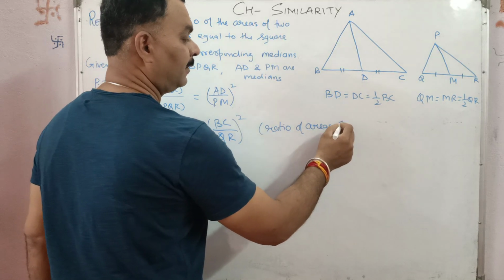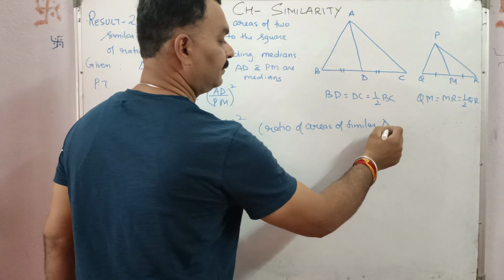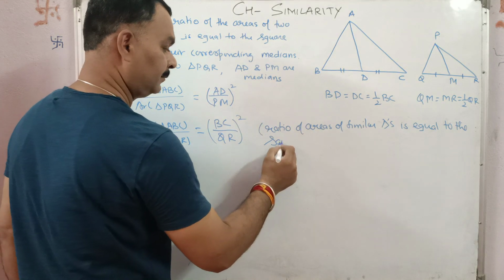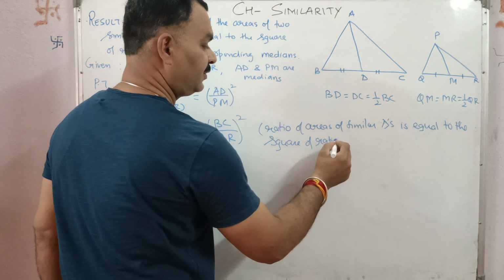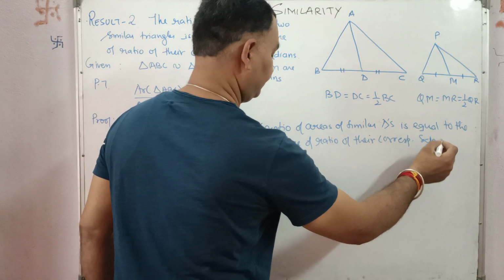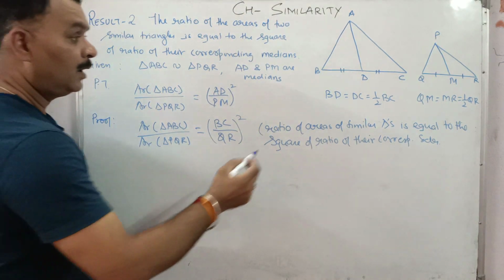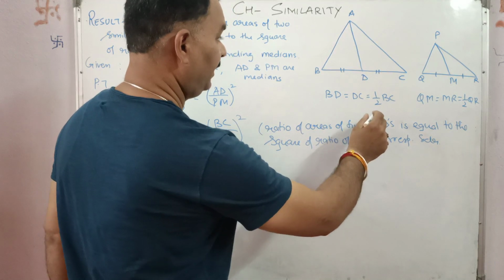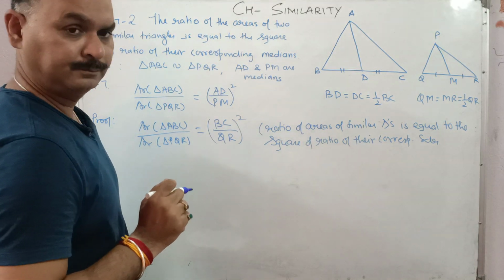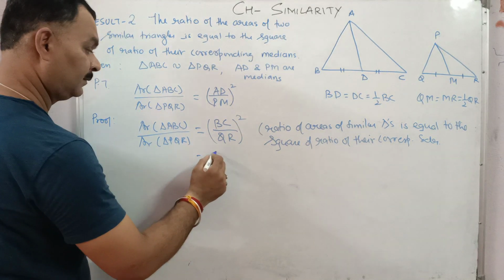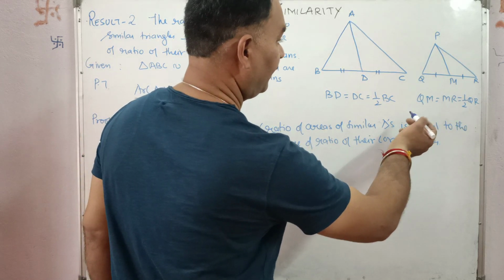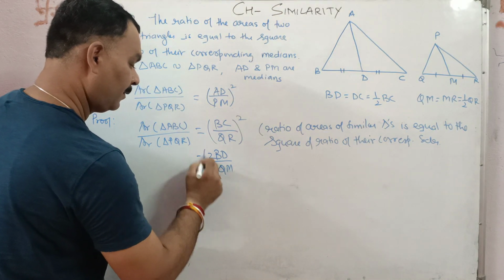Now, in place of BC we can write twice of BD, and in place of QR we can write twice of QM, whole square.